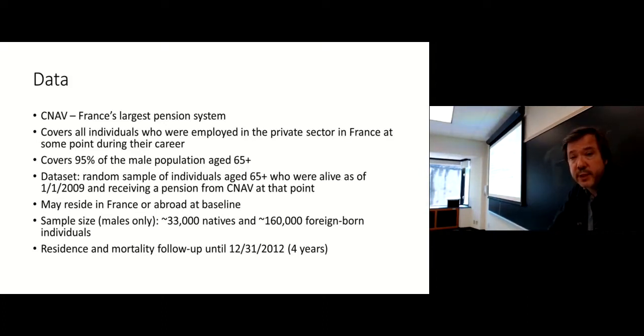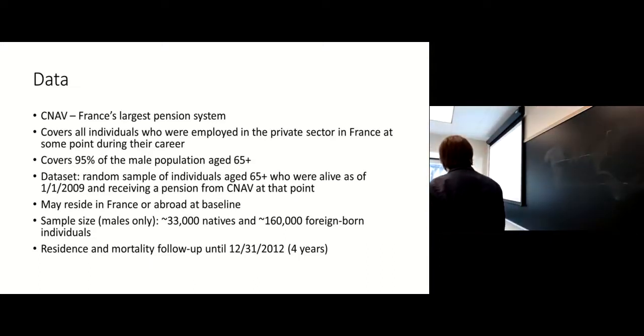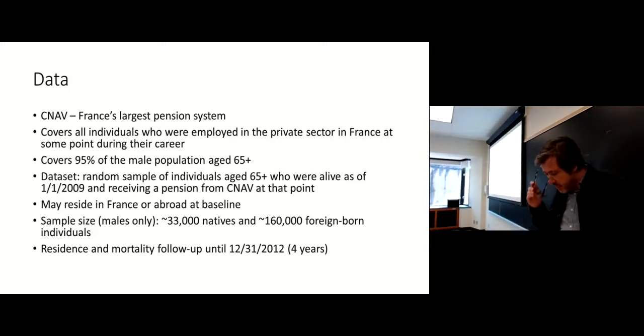The data specifically is a random sample of individuals aged 65 plus who were alive as of January 1st, 2009 and receiving a pension from CNAV at that point. So they are pensioners at the time when we start observing them at age 65 plus. They may reside in France or abroad at baseline, because again, you can take your pension with you anywhere.